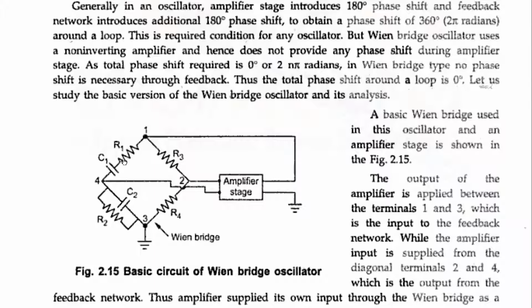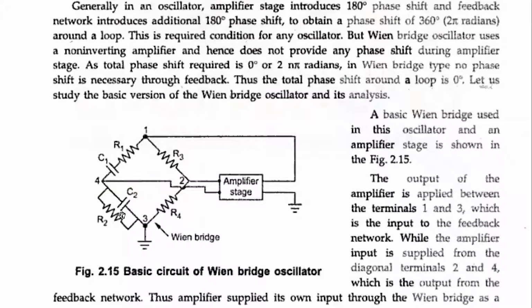Again for very high frequencies, short circuit, and because this point is connected to ground, the feedback signal again becomes 0. So among the four branches, these two branches are frequency dependent, and the impedance changes with frequency.